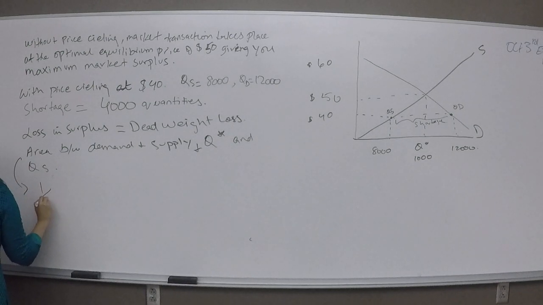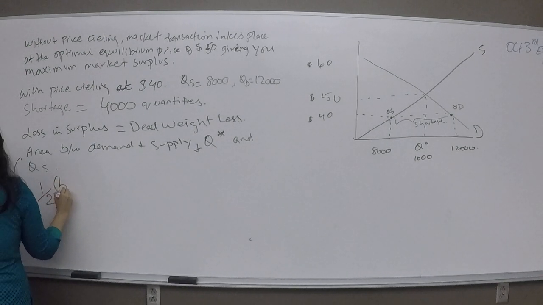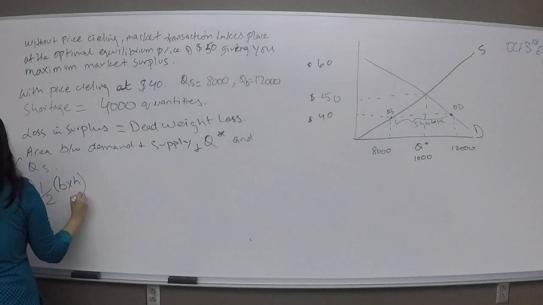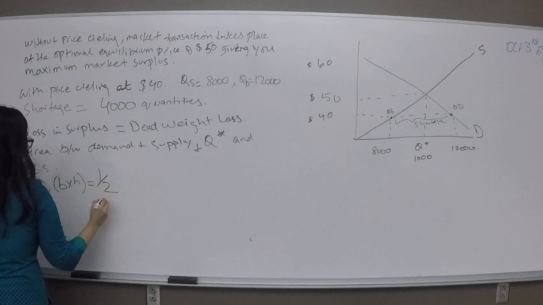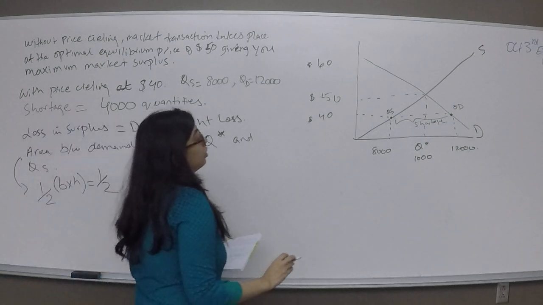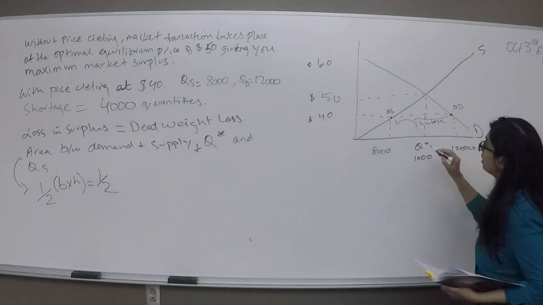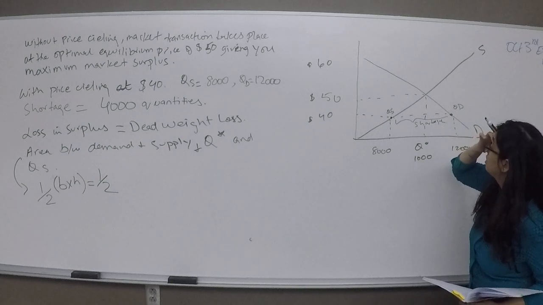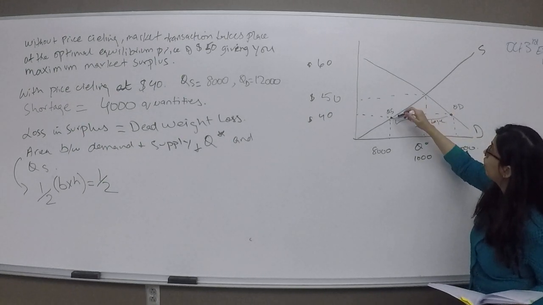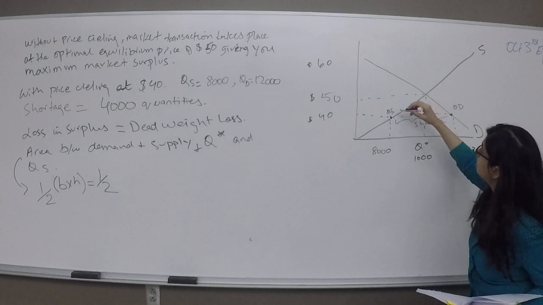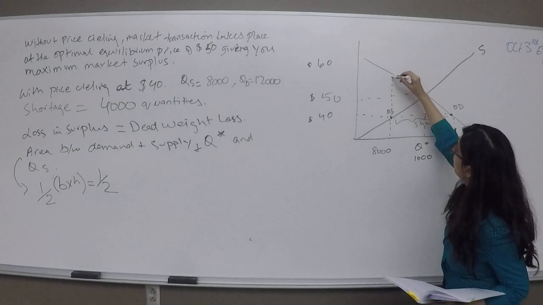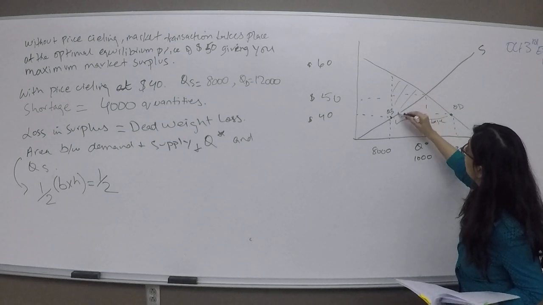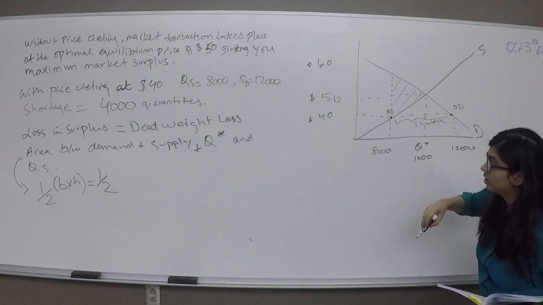So it is half times base times height. So when you sell at $40, suppliers are only supplying this much. This whole area is your loss.